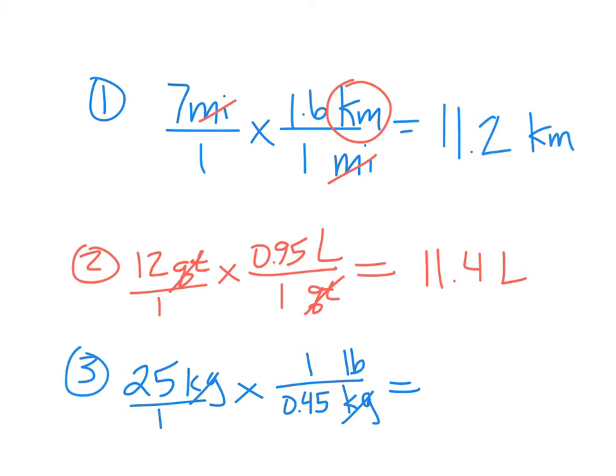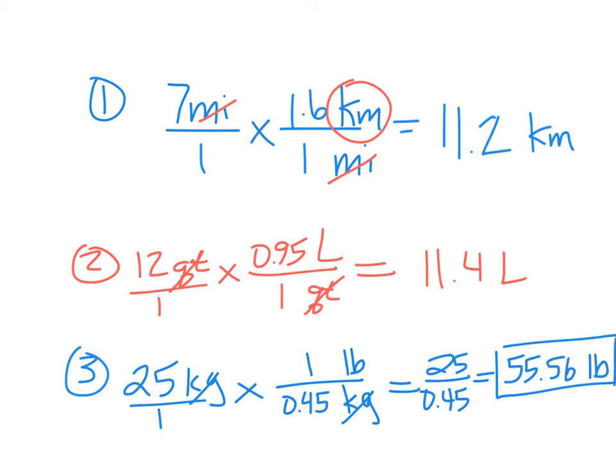So I'm going to be left with pounds. What's 25 times 1? 25. And then 1 times 0.45 is just 0.45. So divide 25 by 0.45. And what do you get? Rounded to 2 decimals, 55.56. And then label it. What am I labeling this? Pounds. Yep, 55.56 pounds.